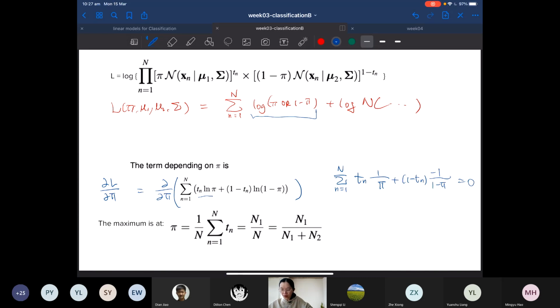So it's easier if we multiply pi times 1 minus pi on both sides. And the constant term that does not involve Tn gets, so this is Tn pi plus pi minus Tn pi.